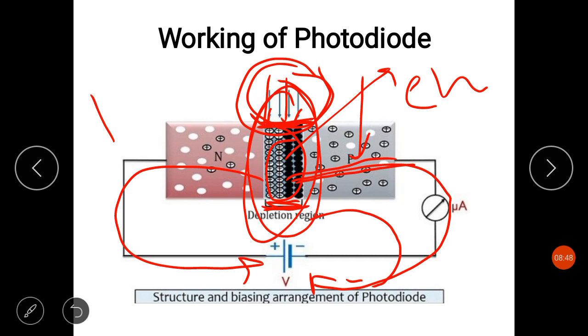Now this reduces the response time of the photodiode, because the additional reverse bias increases the width of the depletion layer, which decreases the junction's capacitance and increases the region with an electric field that will cause electrons to be quickly collected.